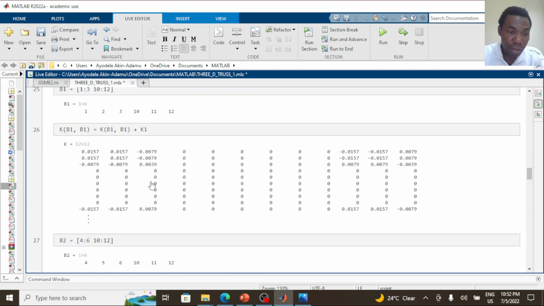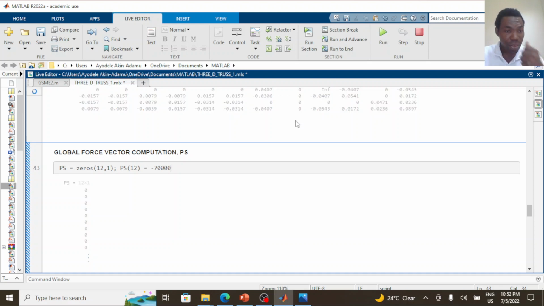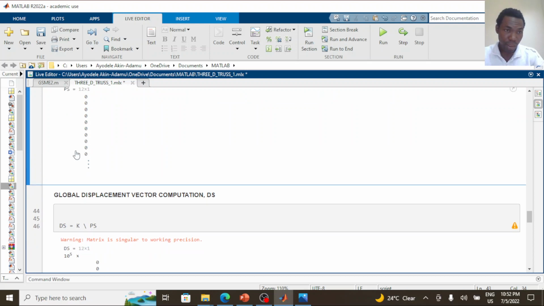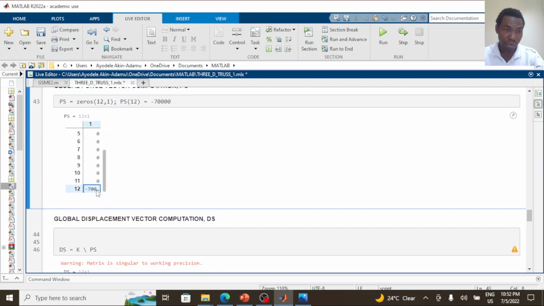So this is supposed to be minus 70 kilonewton, but I'm using Newton. So that's why I multiply by 1000. So we have minus 70,000 Newton. Let's run. So this is our force vector, containing just one value.